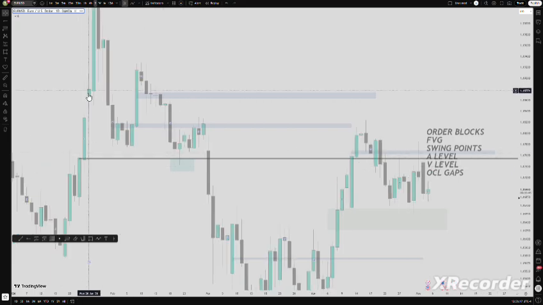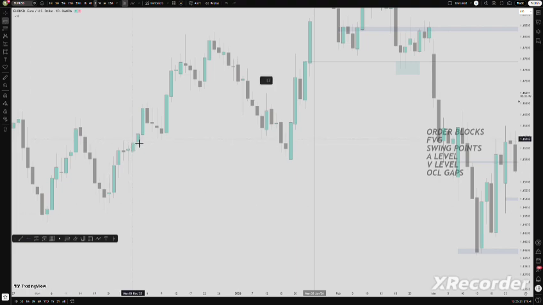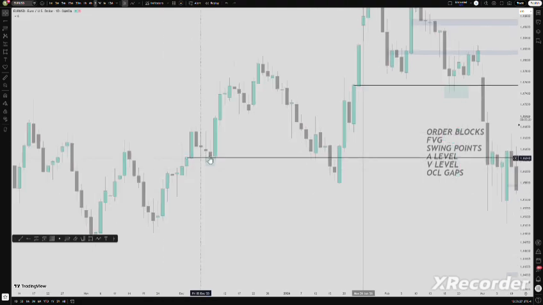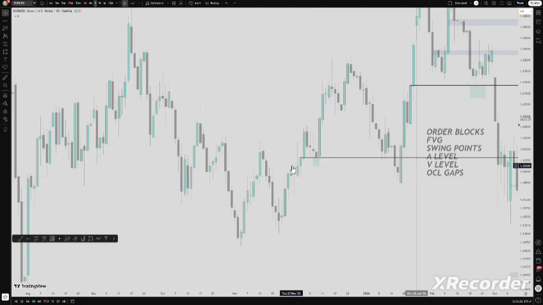So we have another one right here. This is an OCL. What's price reacting to here? A beautiful expansion from an OCL level. Most of the time this was responsible for price not coming back to fill some gaps.